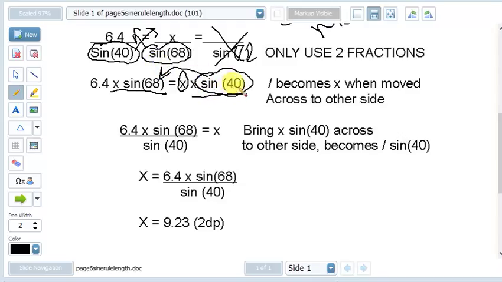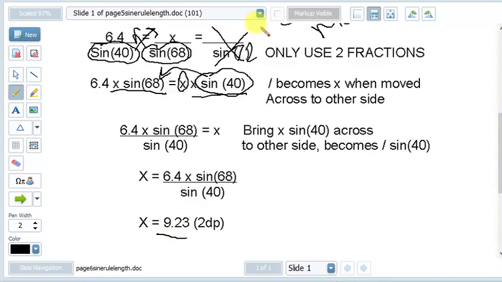So sine of 40, we bring it over to the other side, and if it's times on this side, it becomes a divide when we move it over. Change side, change sign. So therefore, new line, it becomes 6.4 times sine of 68 divided by sine of 40. And then if we put that into the calculator, you get 9.23.